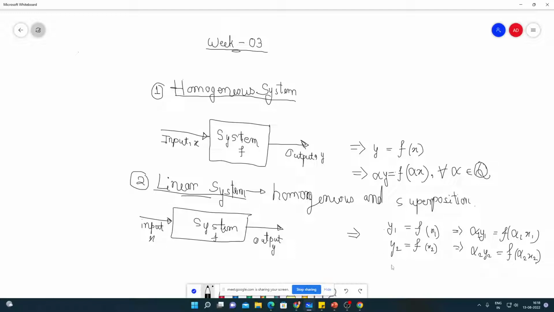What the superposition principle states is that we can now write alpha 1 y1 plus alpha 2 y2 equals the function f of alpha 1 x1 plus alpha 2 x2.